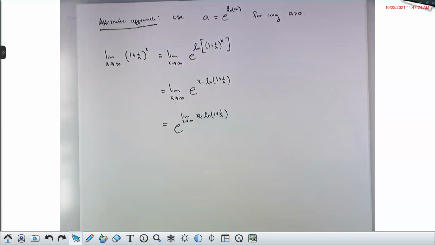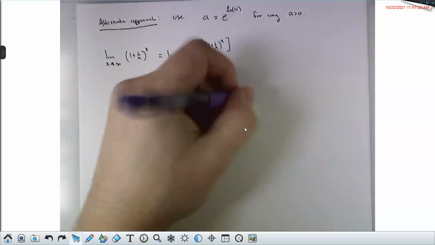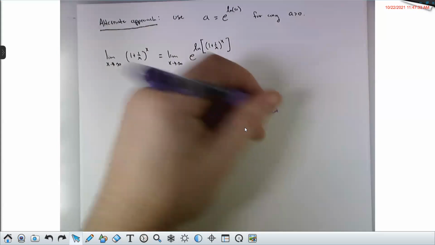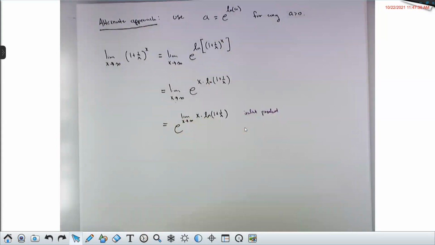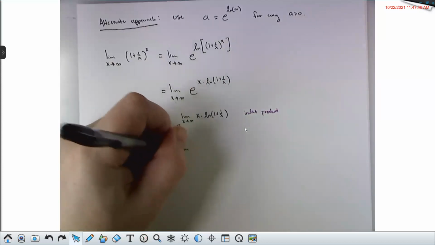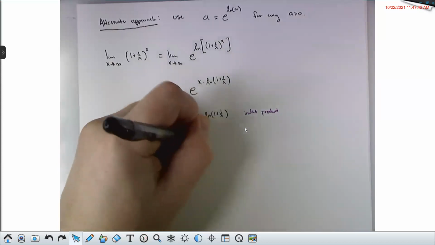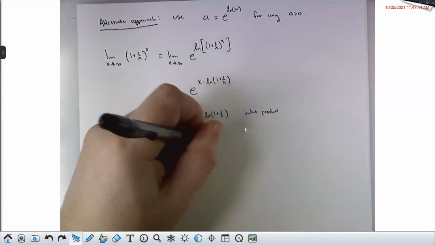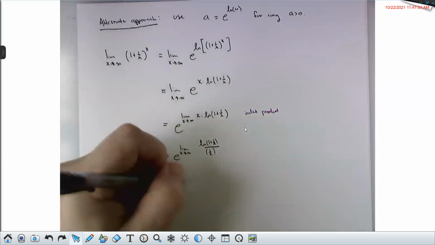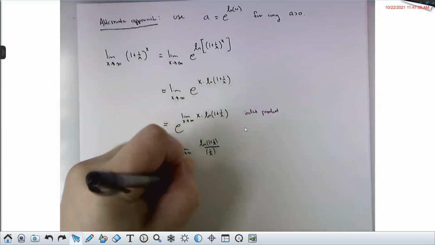I'm going to recognize that this is an indeterminate product, and rewrite as e raised to the limit x to infinity ln 1 plus 1 over x divided by 1 over x. And you work it from here. So you do some L'Hopital's rule, and you'll get e to the 1.